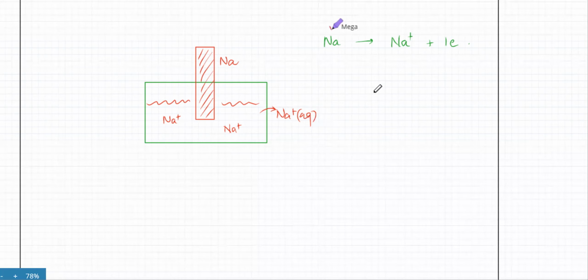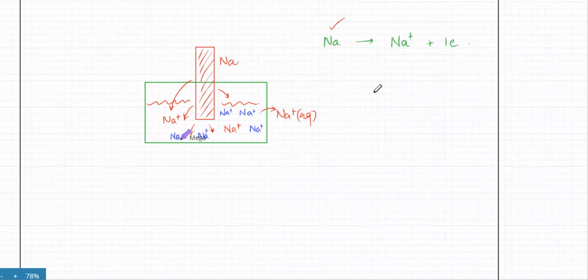Sodium would immediately start losing electrons and turning into sodium ions. So there are going to be more and more sodium ions produced in the reaction, because sodium really likes to lose electrons. So lots and lots of sodium ions are being produced.